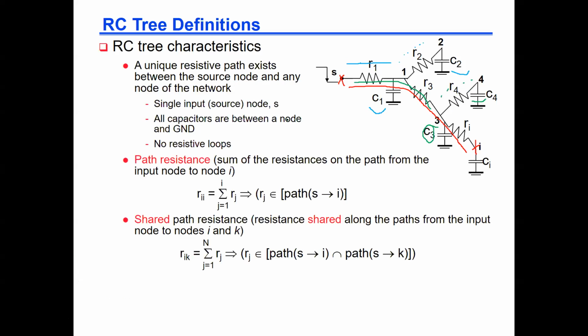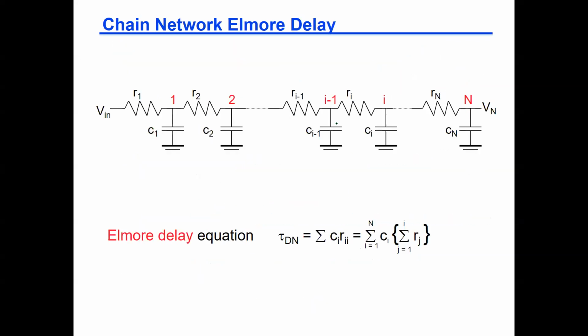Okay, and now we will take this Elmore delay path, and we will try to use it to derive the delay of a distributed wire.